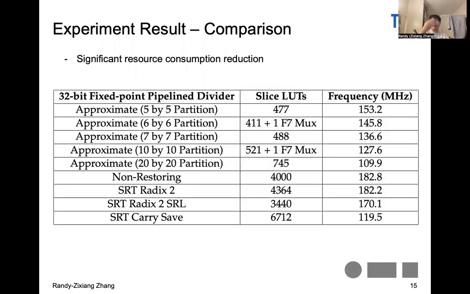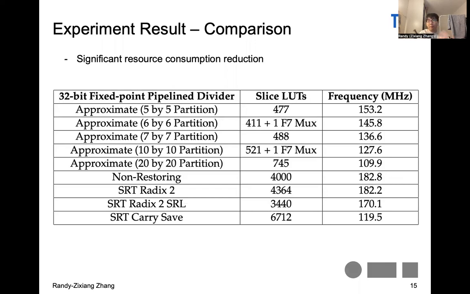Here is a comparison to the pipelined exact dividers. We can see that it's basically a relationship of 1 to 8 or 1 to 9. It gives us a significant area reduction.